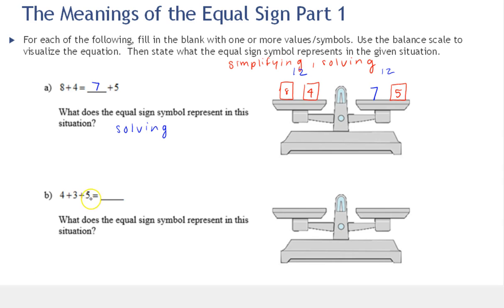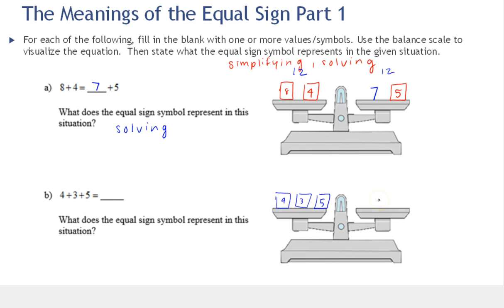Let's look at the next one. Here we have all the values and operations on the left-hand side. So we have 4 and 3 and 5. And we want to know what to put on this side of the scale to balance the equation. Notice we could put 4 plus 3 plus 5.